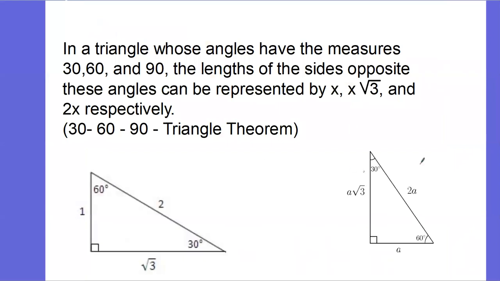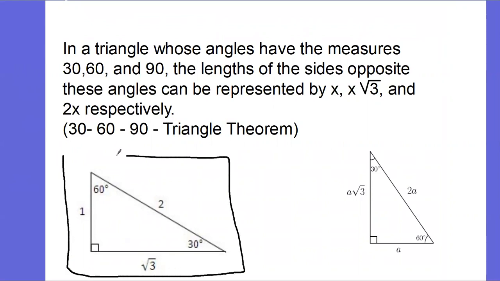Just to show you this one more time, if you're taking like the SATs or something, you have a reference sheet they'll give you, and I don't remember what exactly it looks like, but they could give you this as well, because this kind of means the same idea. Instead of calling it across from my 30 x, just call that a unit of 1.